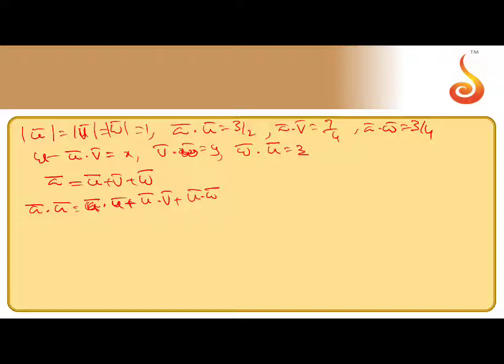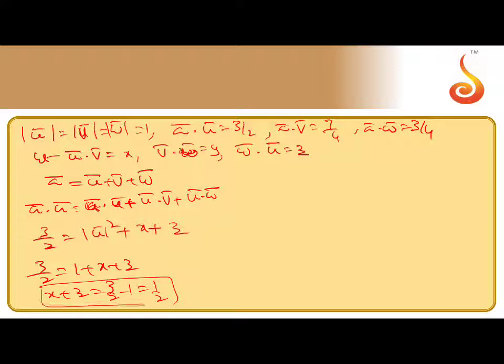So a dot u is given as 3 by 2, u dot u is magnitude of u squared, plus u dot v which we took as x, and u dot w which we took as z. So 3 by 2 equals 1 plus x plus z. So x plus z is 3 by 2 minus 1, which is 1 by 2. This is the x plus z value.